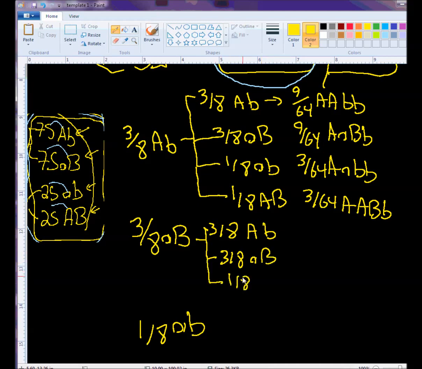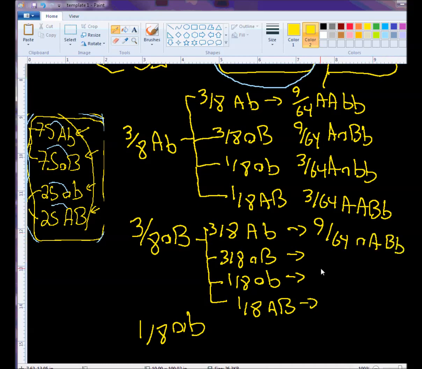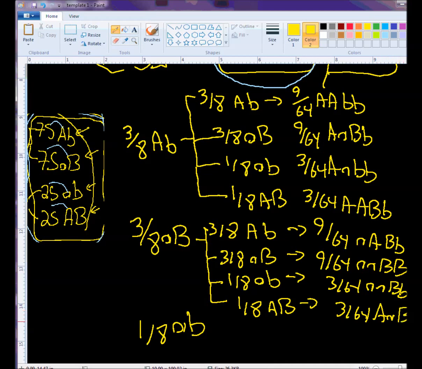Now 1/8 little a, little b, and 1/8 big A, big B. Okay, multiply those across. 9 out of 64, little a, big B, little b. 9 out of 64, little a, big B. 3 out of 64, little a, big B, little b. And 3 out of 64, big A, little a, big B, big B.